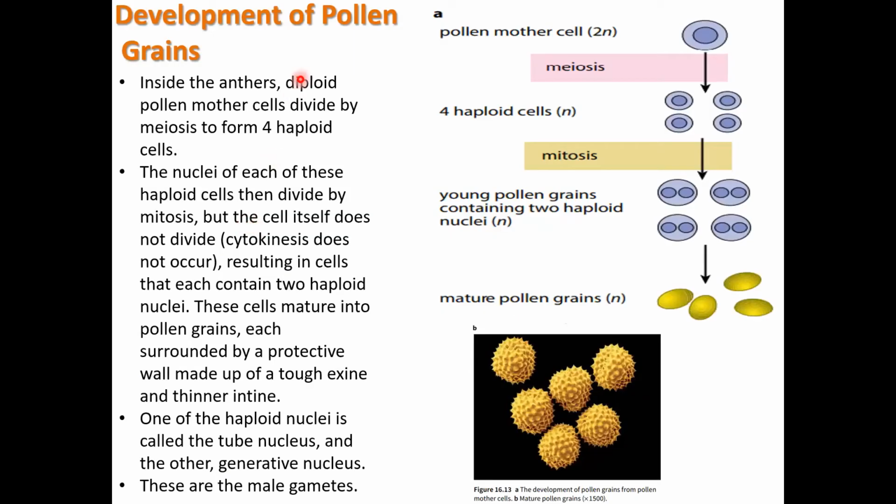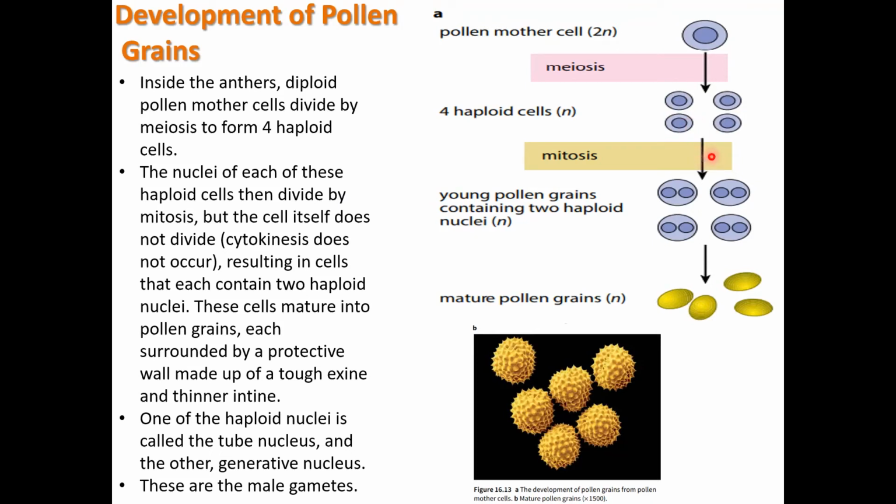Okay, so let's talk about the development of pollen grains in the anthers. In the anthers, we have these diploid cells, which we call pollen mother cells, right? So it's 2N. As they divide by meiosis, they give rise to 4 haploid cells, which is N. Now, these cells will undergo mitosis, right?